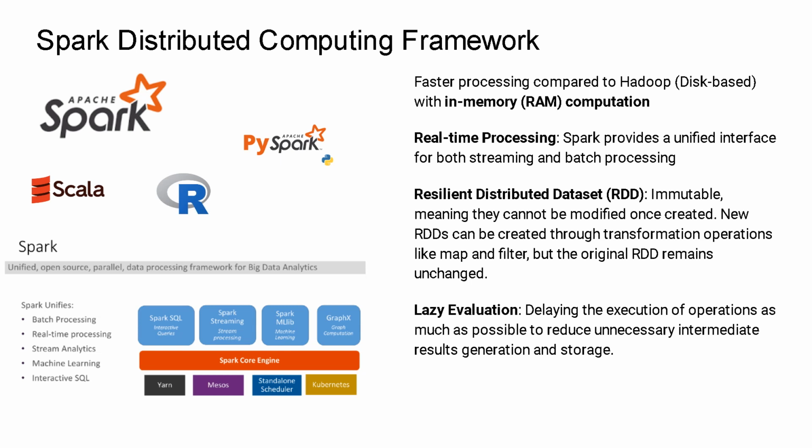New RDDs will be created through transformation operations like map and filter, but the original RDD once created will remain unchanged. Spark also uses lazy evaluation, so it delays the execution of operations as much as possible to reduce unnecessary intermediate results generation and storage.